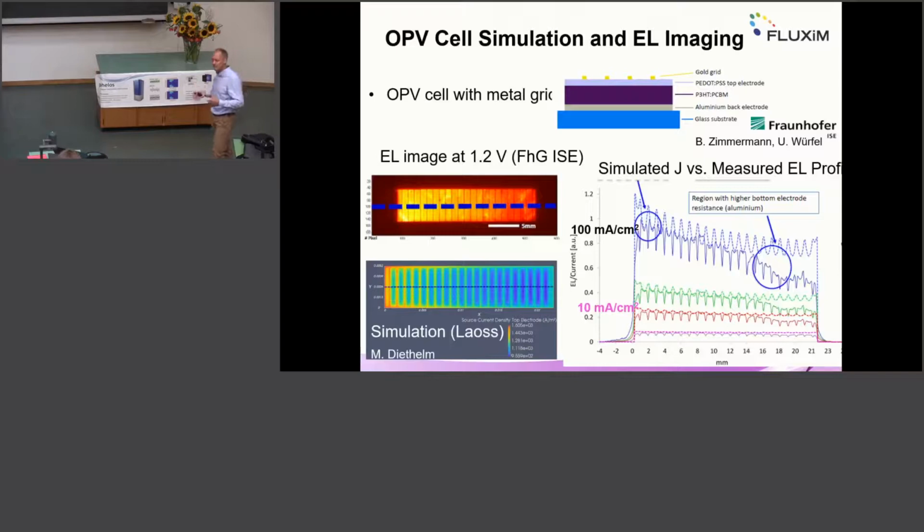It operates like an electroluminescent device. And we collect the current on the left-hand side, and there is an overall drop in this EL, or current, as we go to the right. And we were happy that we could reproduce it quite well, and the way which parameters needed to be adjusted. So there were some unknowns between the metal grids.